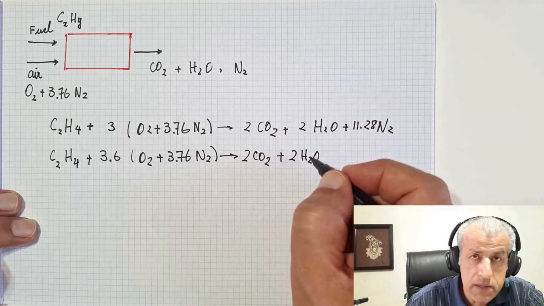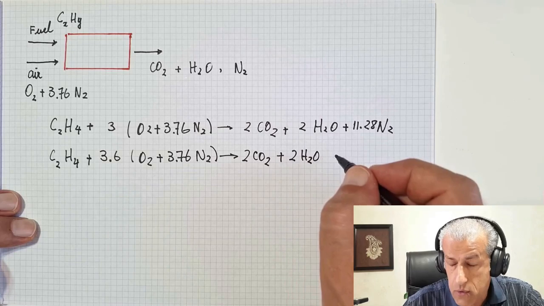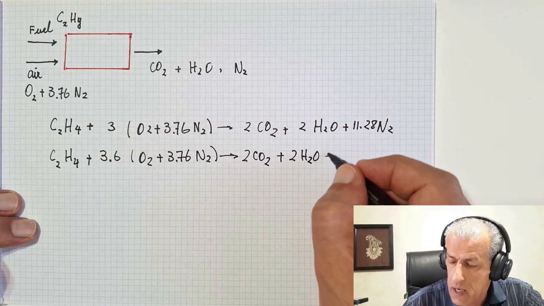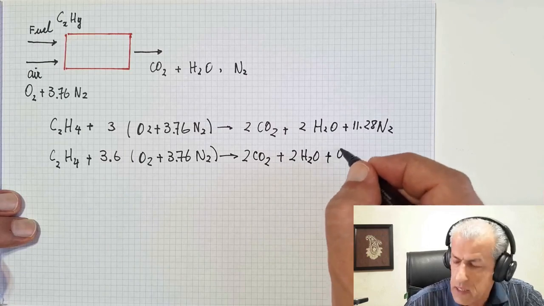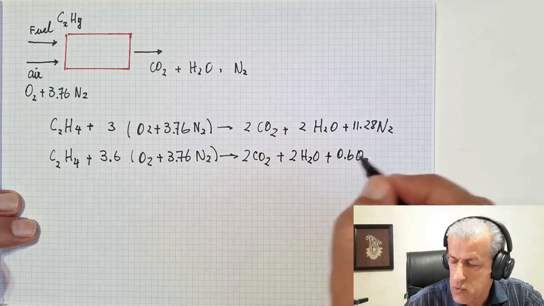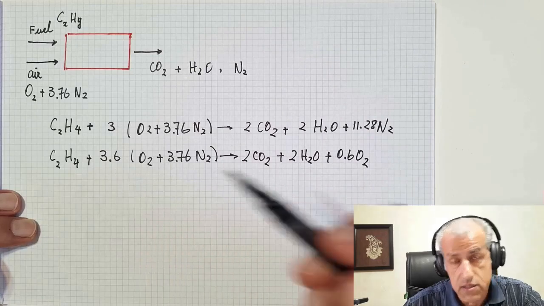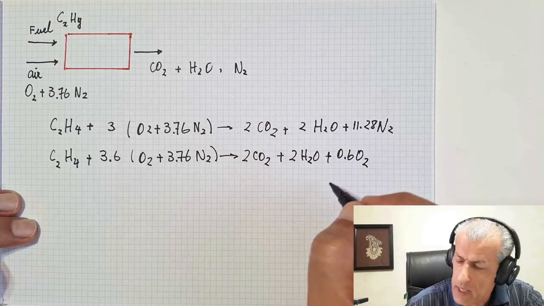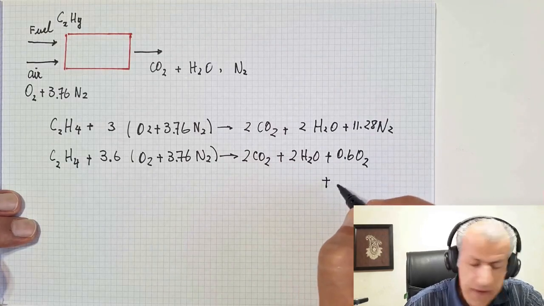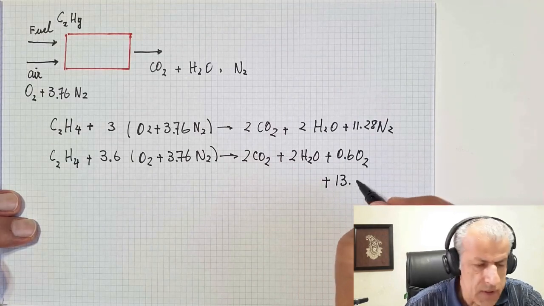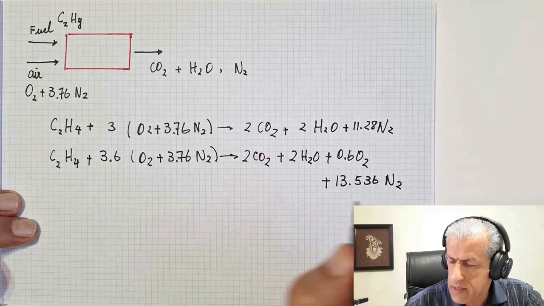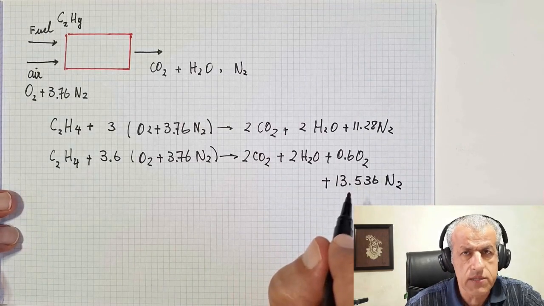Now there is some oxygen that couldn't find any carbons because there's extra air, so there would be plus 0.6 O2, that's the 0.6 oxygen that we added here, plus 13.536 N2, and that's our combustion equation.